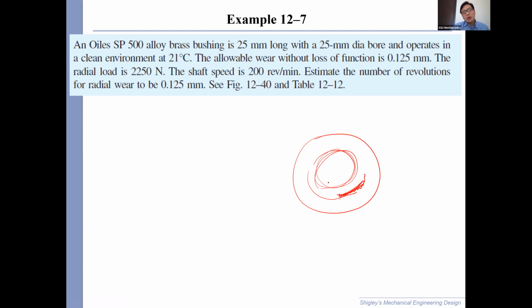So no, you don't want any rough surface inside of a bushing. By the way, most bushings have inner rotation, not outer rotation. Yep, usually.